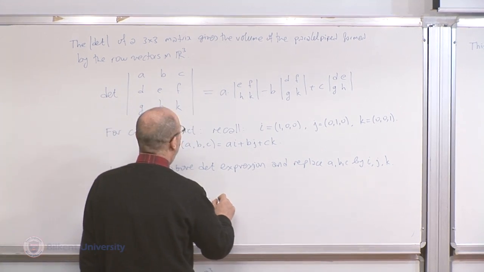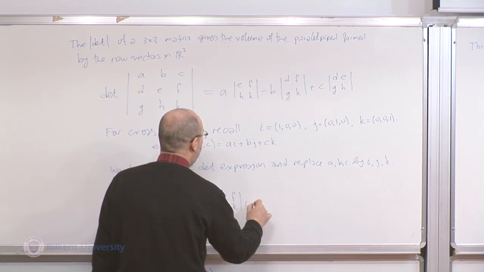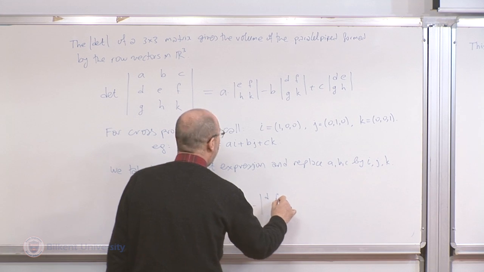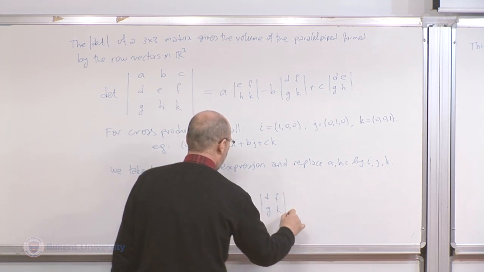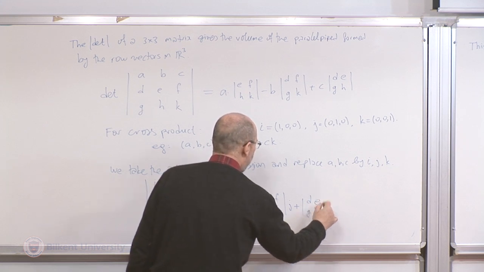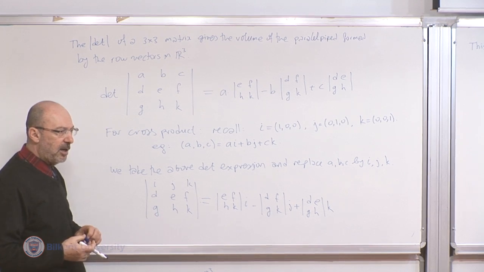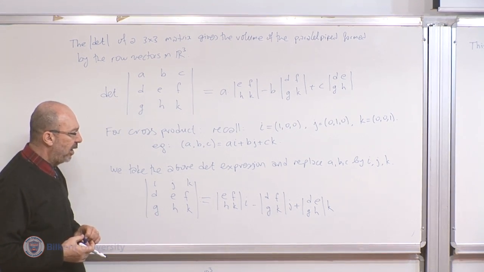So this part, I'll write E, F, H, K, I minus D, F, G, K, J plus D, E, G, H, K. Now on the right-hand side we have a vector.